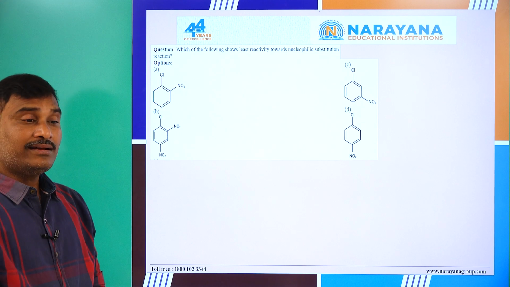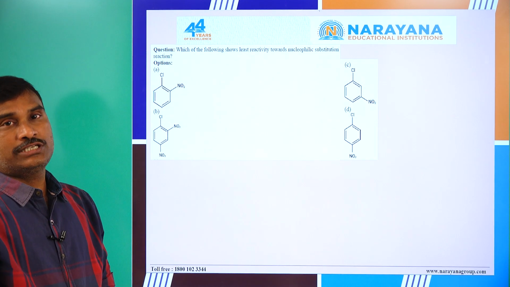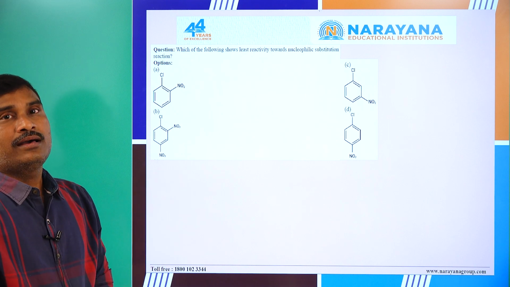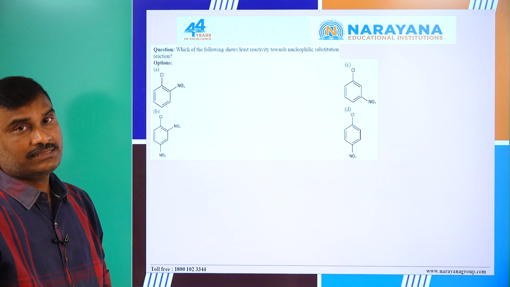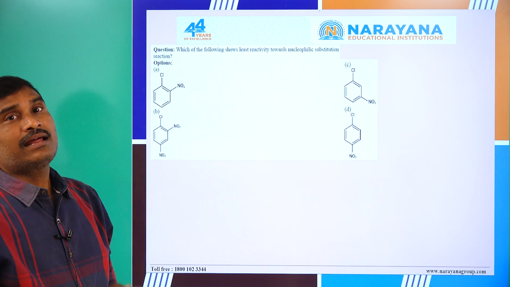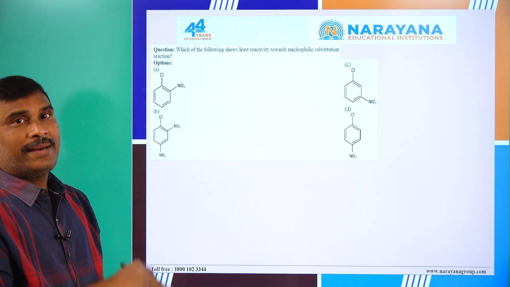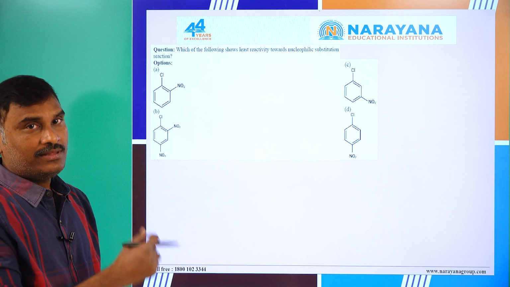But whenever an electron withdrawing group is at ortho or para position, which facilitates the easy attack of nucleophile, as we have discussed previously, the aromatic nucleophilic substitution becomes faster.